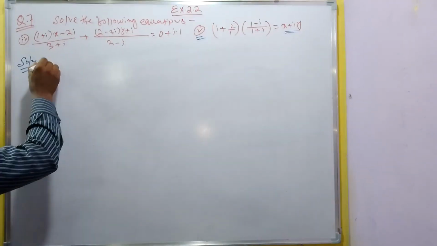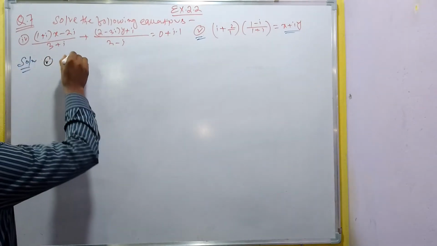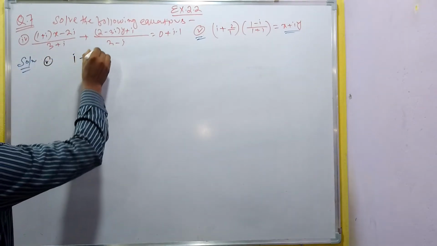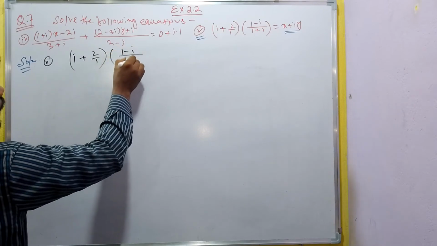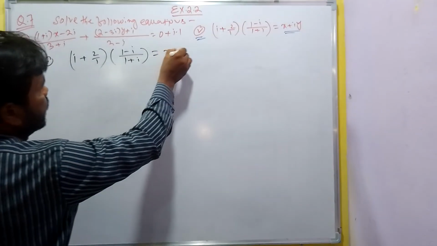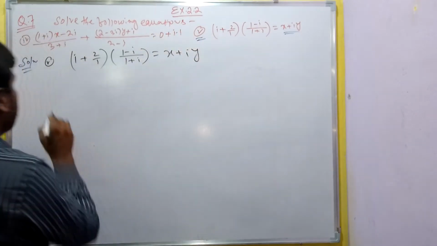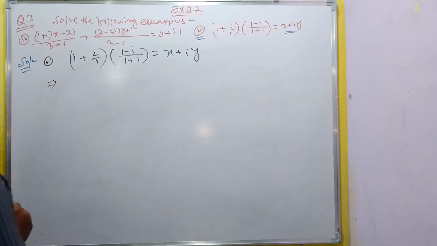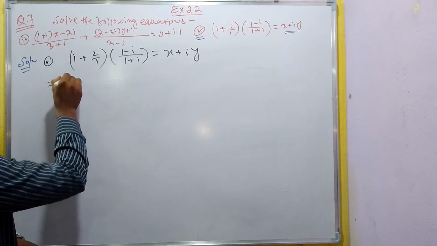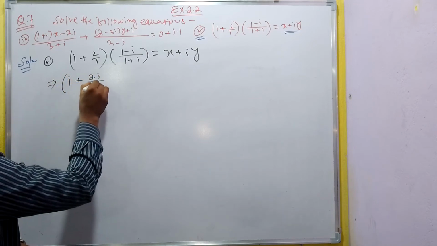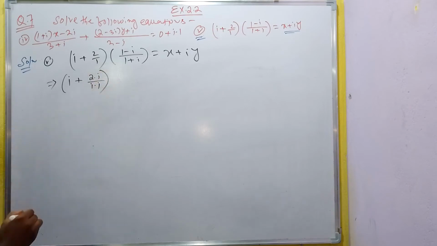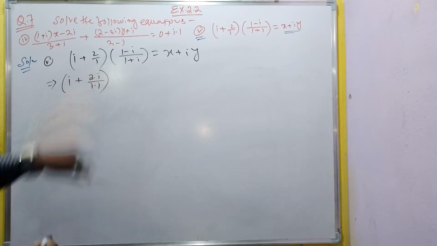So question number 5, given that (i + 2)/(i(1 - i)) = x + iy. Now this one you have to write (i + 2) into i by i into i, multiplying both numerator and denominator by i.